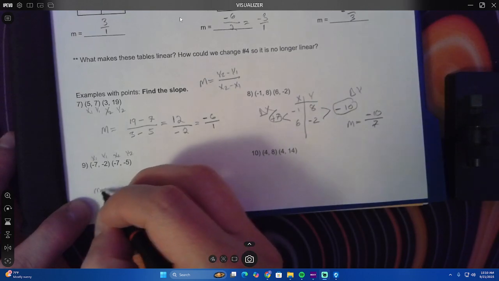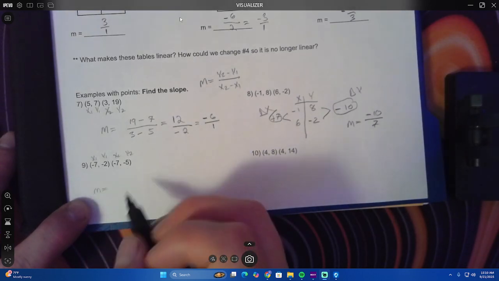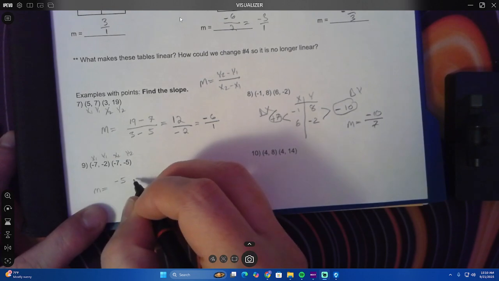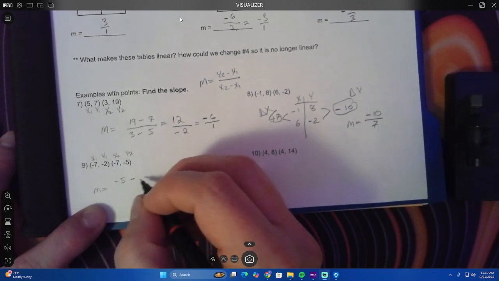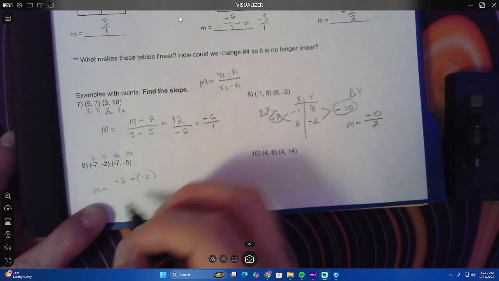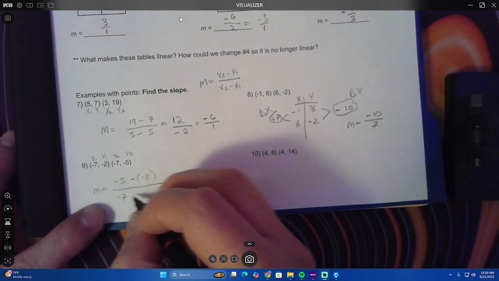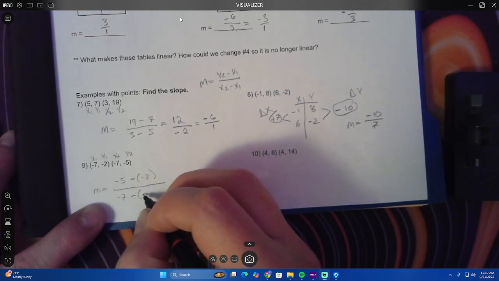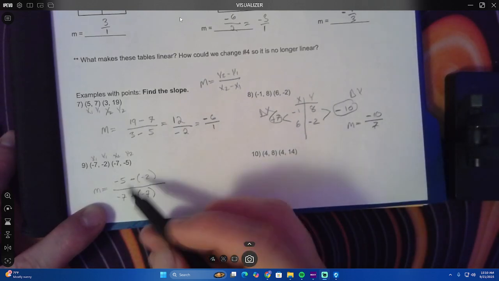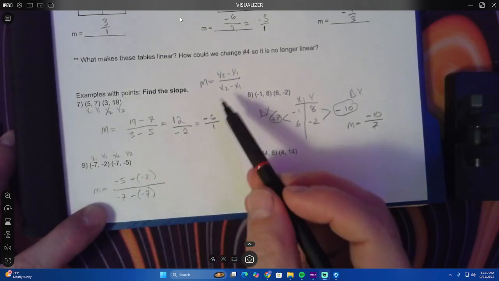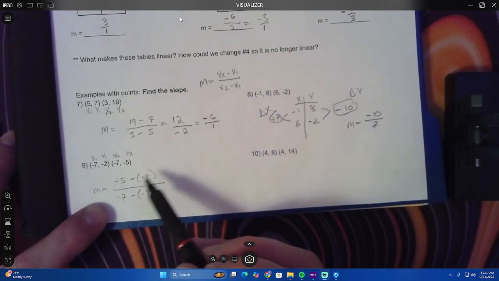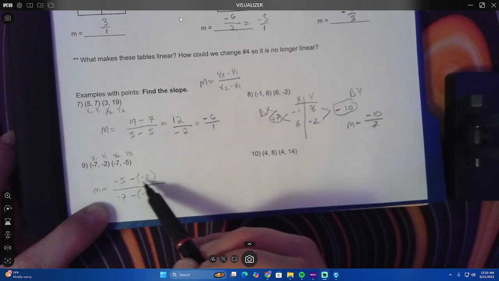So here, to find my slope, I'm going to use that y2, so that -5 minus my y1, which is -2. And then on the bottom, I had -7 minus, and then I plug in a value of -7. Now, one thing I did here is, since my formula has that minus, when I plug in a minus, I put it around parentheses.